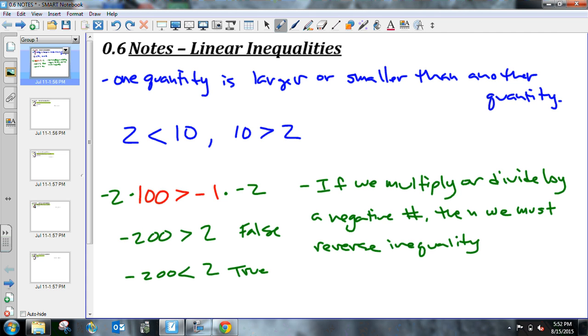It's important that we do that because that will keep things true. We start off with a true statement, we manipulate it, and we have to make sure that it's still true. So if we multiply or divide by a negative number, we have to reverse the inequality symbol.